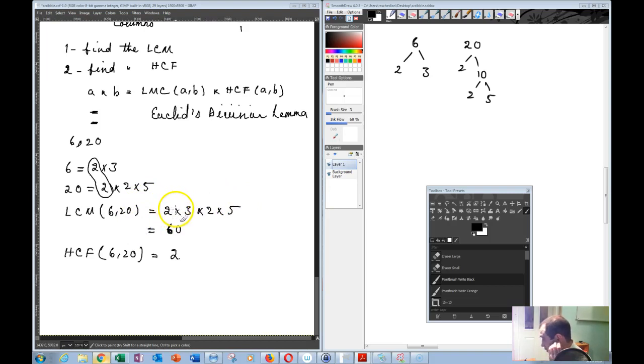So now what the LCM is, you can formulate this as the greatest powers of the prime factors. What does that mean, the greatest powers of the prime factors?